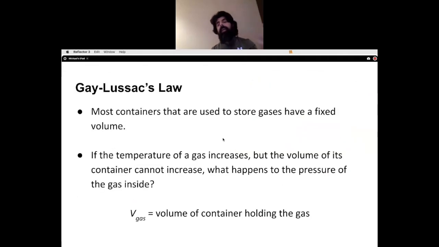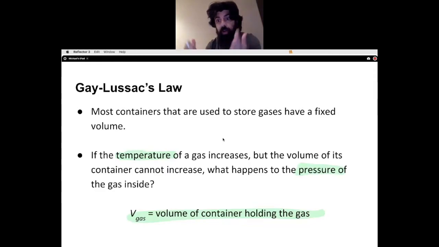Now, the next scientist that we're going to look at is Gay-Lussac, and Gay-Lussac is again reminding everyone that the volume of a container is the volume of the gas. But he looked at the pressure and temperature of the gas when volume remained constant.